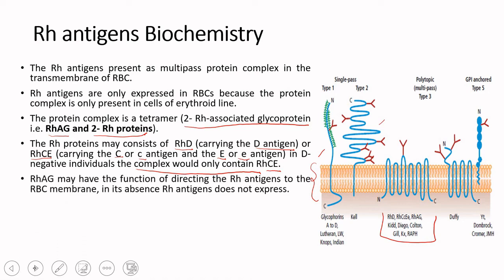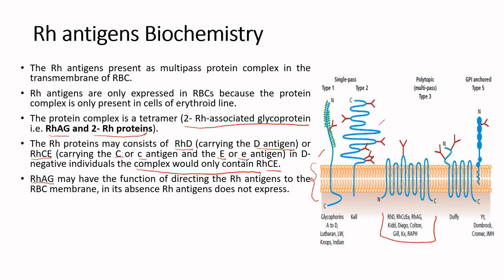And the rest of the complex, which is RHAG, has the function of directing the Rh antigens to the RBC membrane. It means that whenever there is an RHAG protein, it directs the RHD proteins to the RBC membrane.